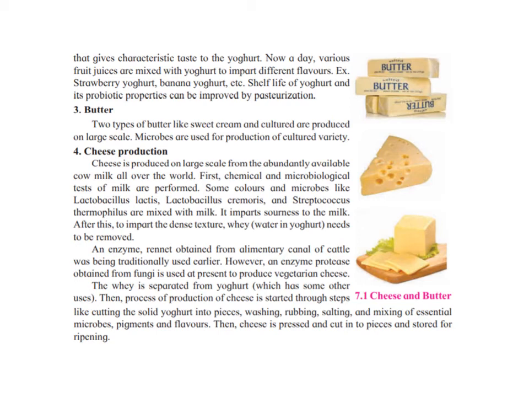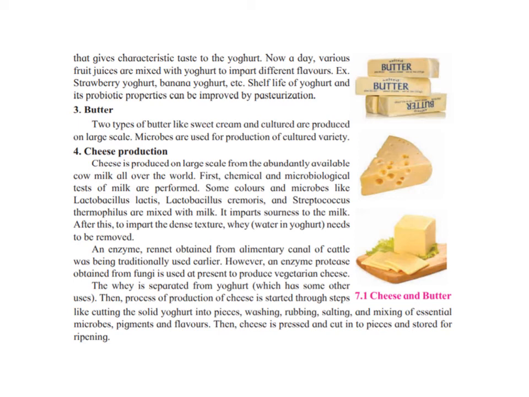Originally, in the olden days, an enzyme called rennet, which used to be found in the alimentary canal of cattle, was used. This was not acceptable, because in the olden days we used a lot of things from animals, and that was becoming a problem for people who do not eat non-vegetarian things.